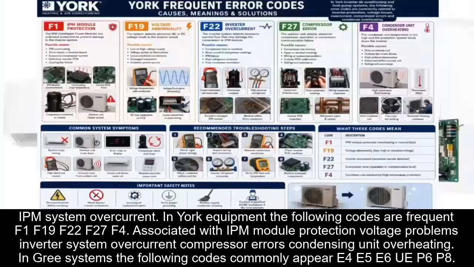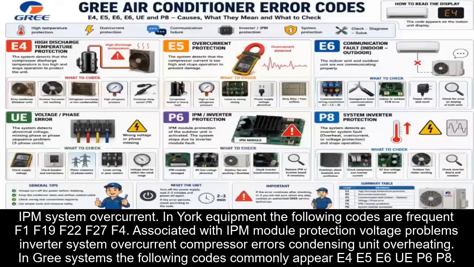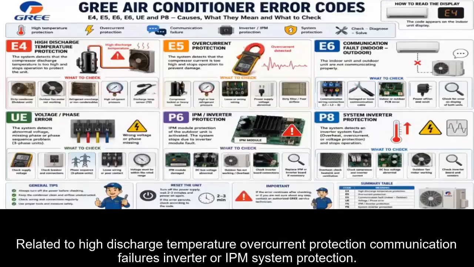In York equipment, the following codes are frequent: F1, F19, F22, F27, and F4, associated with IPM module protection, voltage problems, inverter system overcurrent, compressor errors, condensing unit overheating. In GRE systems, the following codes commonly appear: E4, E5, E6, UE, P6, and P8, related to high discharge temperature, overcurrent protection, communication failures, inverter or IPM system protection.